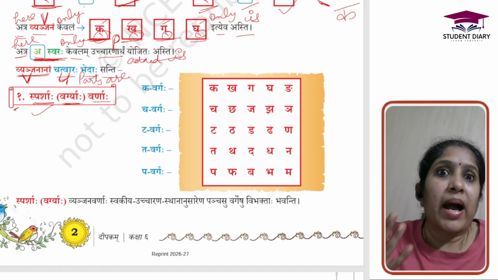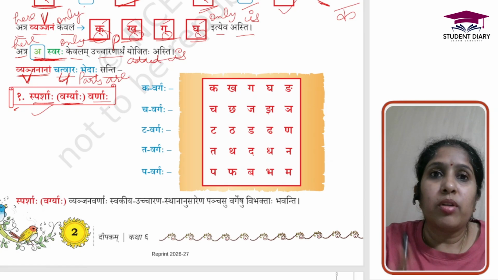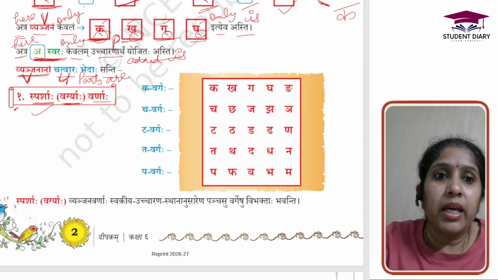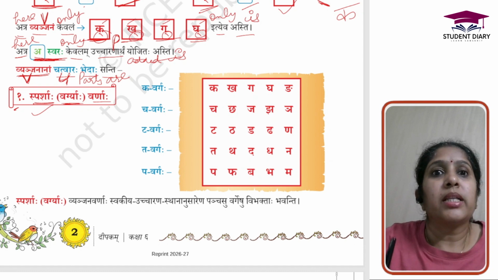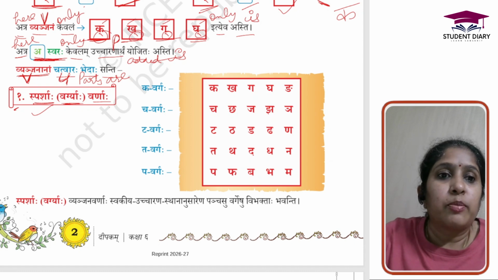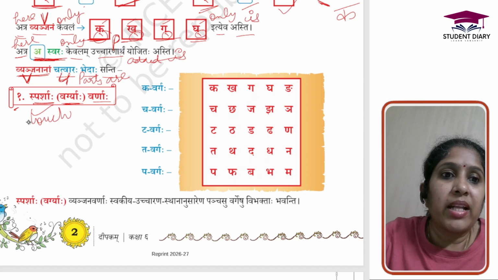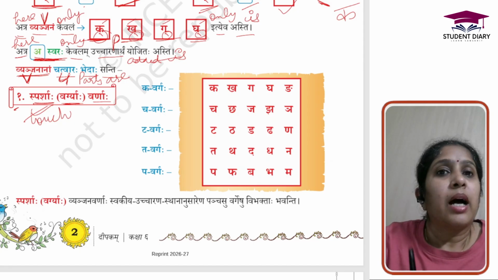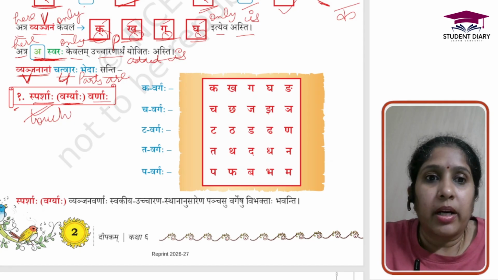Or you can say the palate. So any part of the mouth is touching the tongue while speaking. So those all are called as the sparsha varnaha. Sparsha means touch. So when by speaking which varna any part of the mouth is touching the tongue, they are called as the sparsha varnaha.